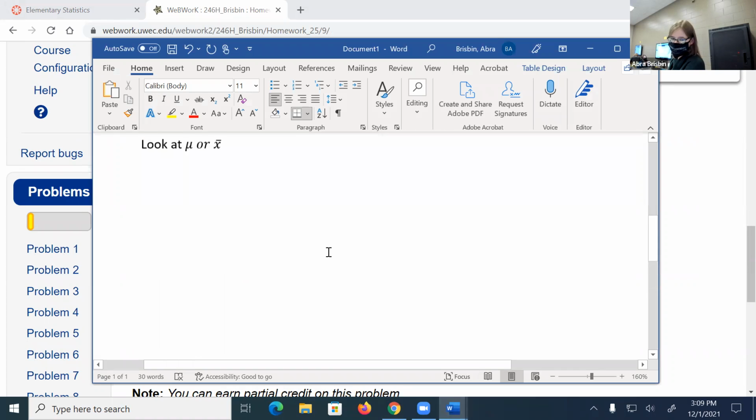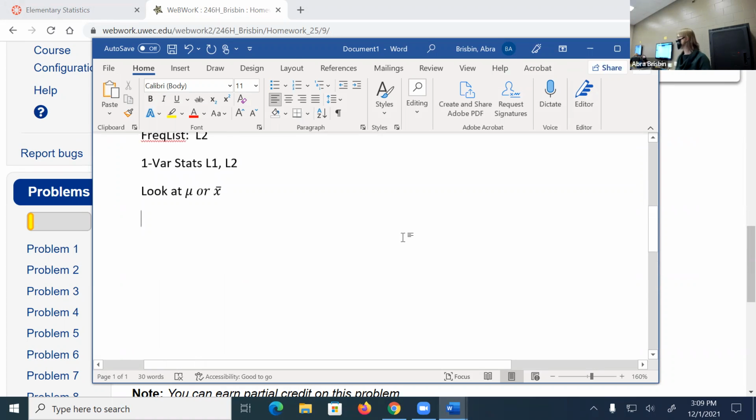Like, how does it relate to y and y hat? Yeah, so observed y minus predicted y.